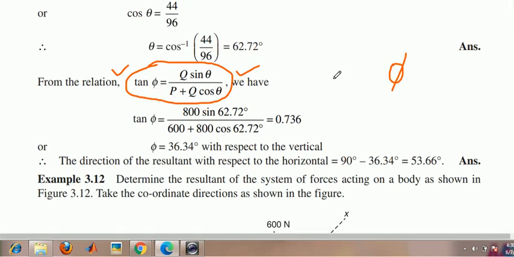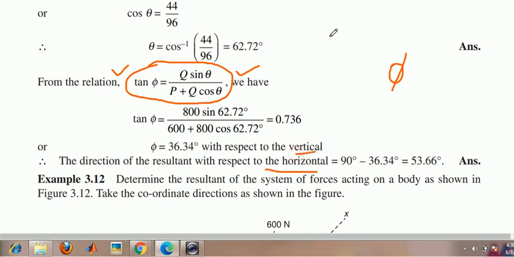So now you have to consider any one of the forces as P and Q, but you have to consider the direction. So if you are considering P as 600 and Q as the inclined one, then your resultant is acting along the horizontal or with respect to vertical.